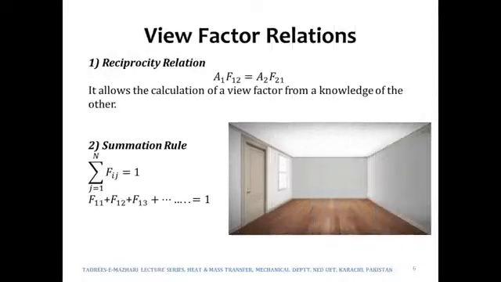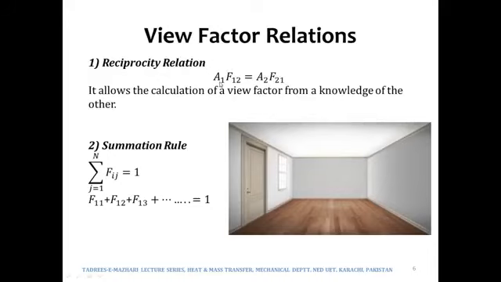We would be discussing view factors in much more detail, and we would be finding view factors for certain geometries. Now we will go over 4 view factor relations. The first one is called the reciprocity relation, and it is written in this form between any two surfaces.